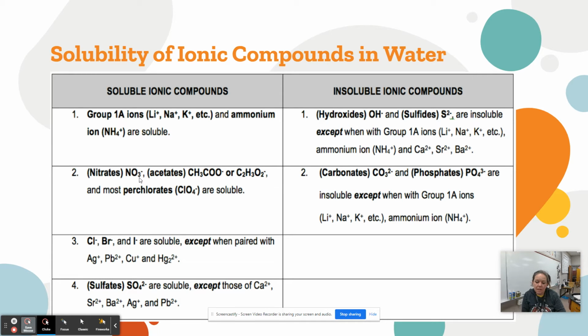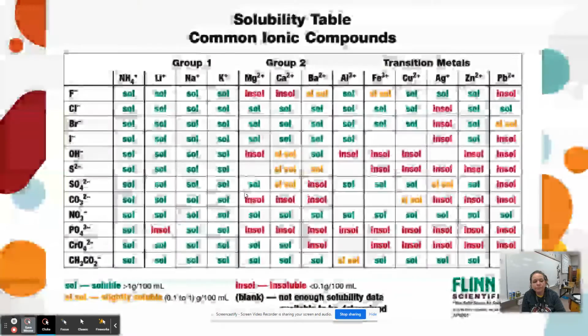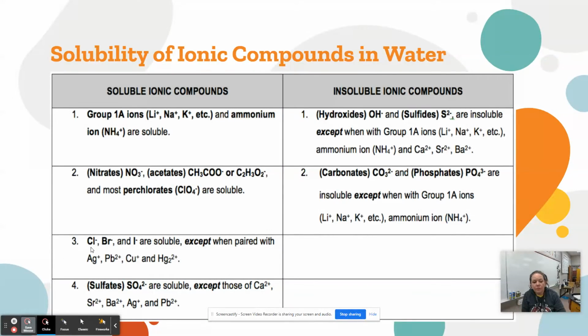Number 2, nitrates. That is another polyatomic ion that you were supposed to know, NO3. Acetates and most perchlorates, or ClO4, are soluble. Number 3, chlorine, bromine, and iodine are soluble, except when they're paired with silver, lead, copper, and mercury.